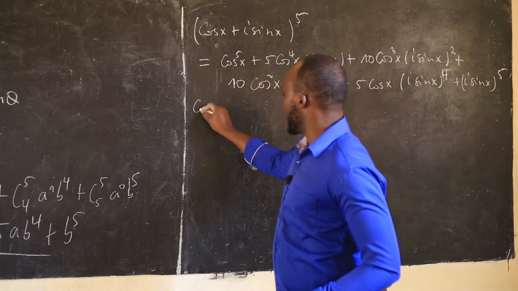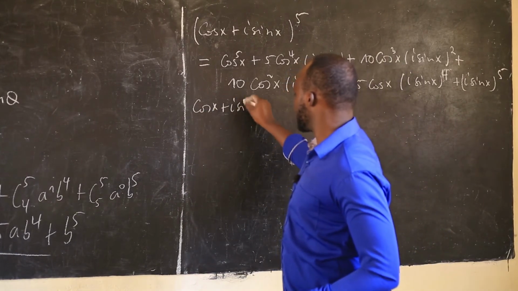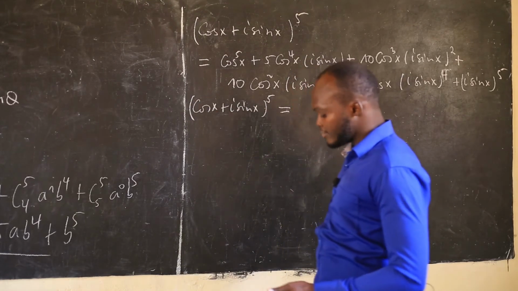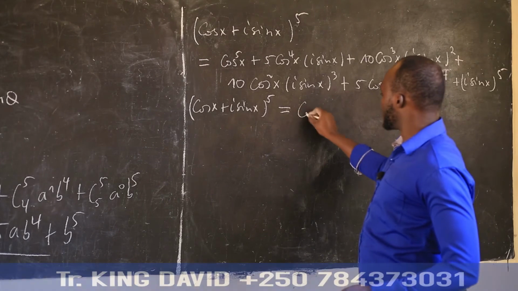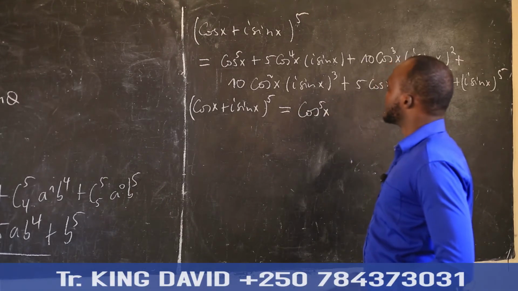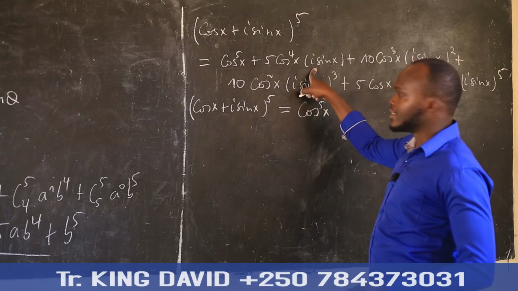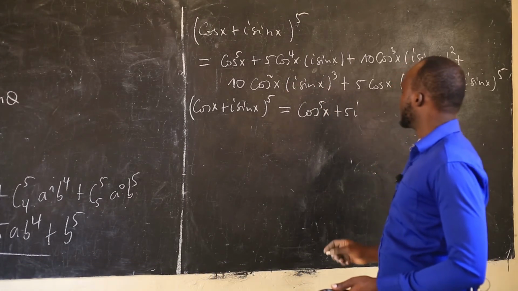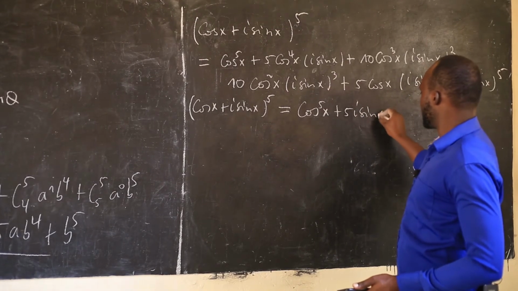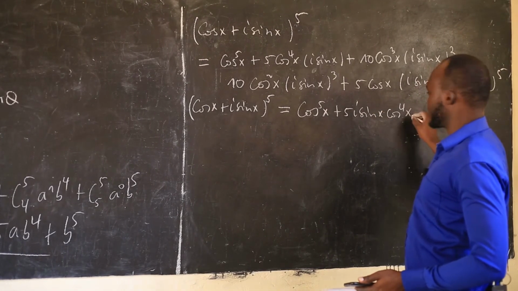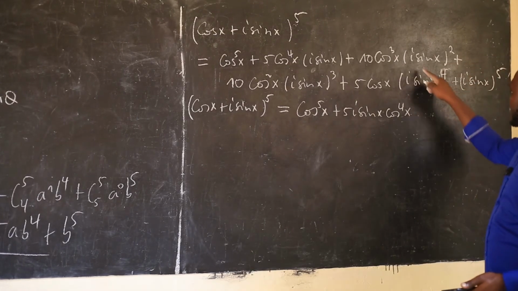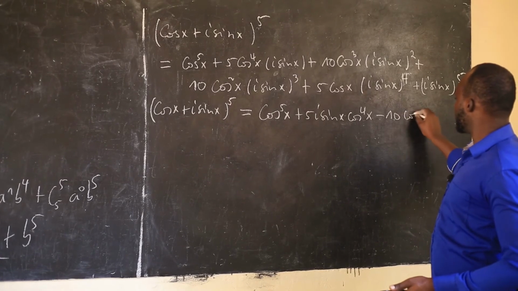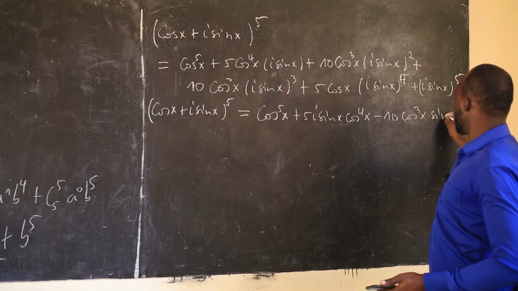Which means that for (cos x plus i sin x) power 5, the answer is cos power 5 x, then plus 5i sin x cos power 4 x. Then i squared, remember that is negative 1, this will be negative 10 cos power 3 x sin squared x.